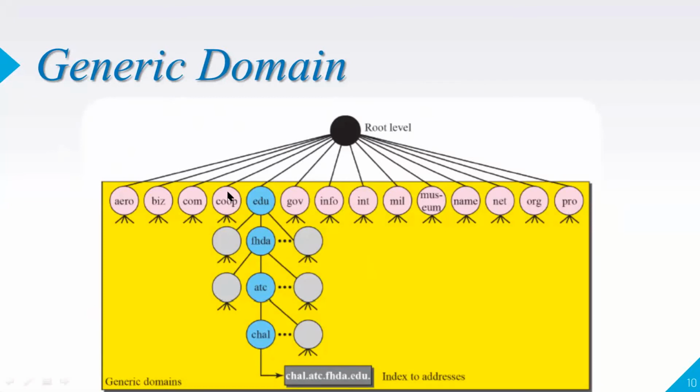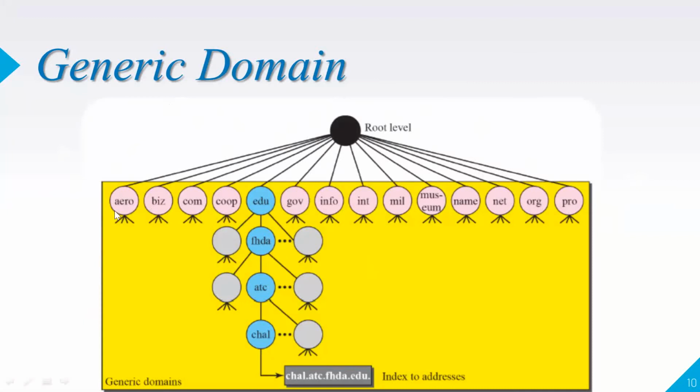As we know, DNS was designed in an inverted tree structure. The tree structure has a total of 128 levels, 0 to 127. Level 0 is the starting point, the root level. Then in the first level, we have the generic domain.